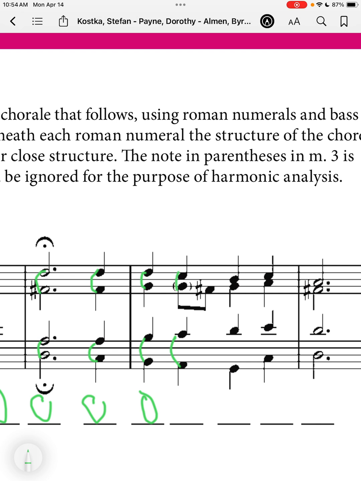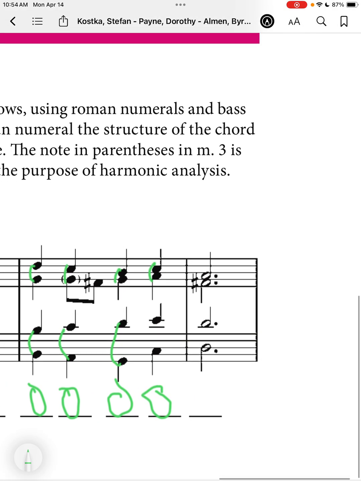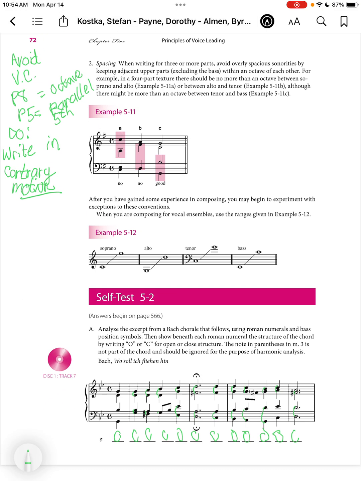That tends to be open, regardless. Open again, because of this one. G and B, a sixth. Close again. That's as far as it can go.